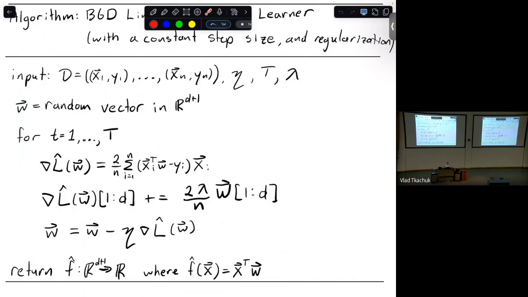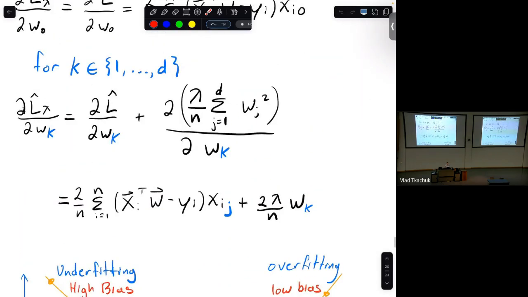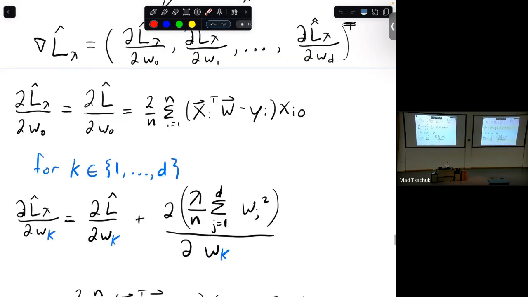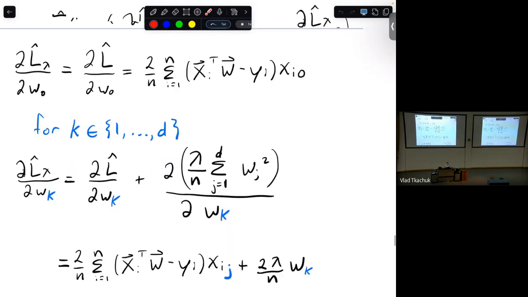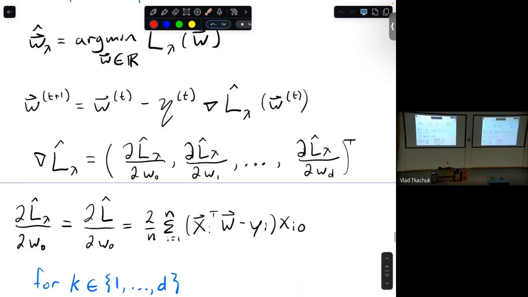But anyway, there was this part where you had to calculate the gradient. We did this calculation for the regularized empirical risk, and we saw that the gradient has an extra term that it didn't have before due to the regularizer.